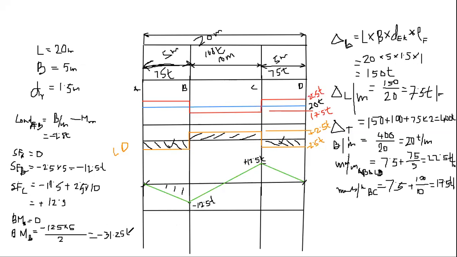So this will be 10 meters. So this is 0, and we have got a value of 31.25. Suppose we plot it here, and then this is the area for the midship. Now another value we'll have to find out, that is at the midship. So what is the value we need to find out?